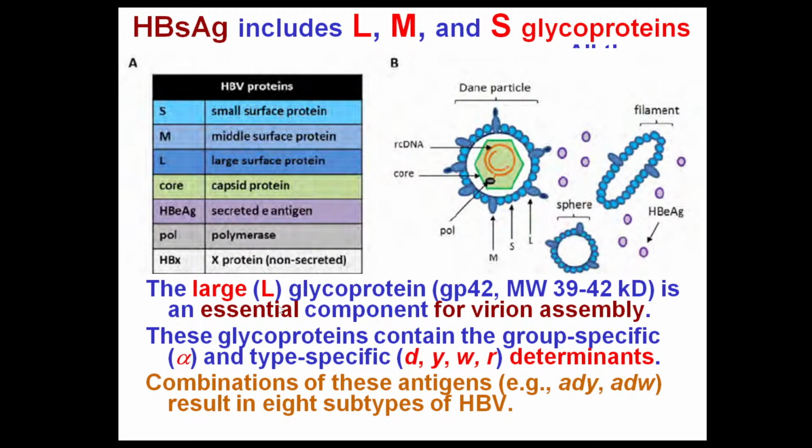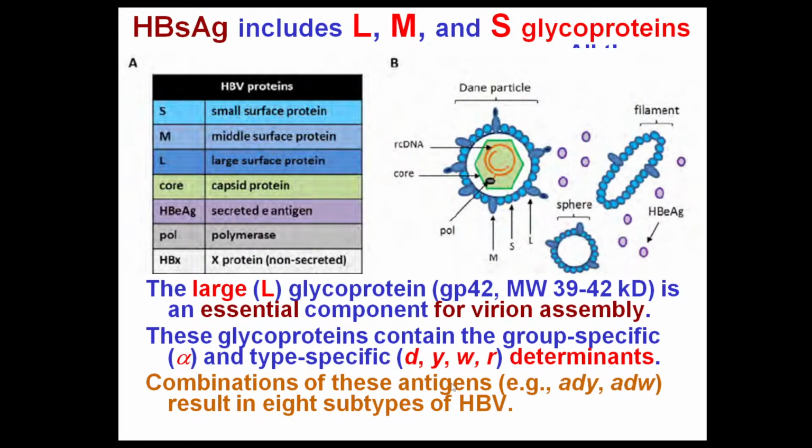And the large glycoprotein is an essential component for virion assembly. These glycoproteins contain the group-specific and type-specific determinants.